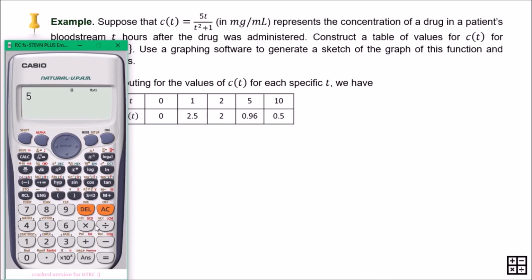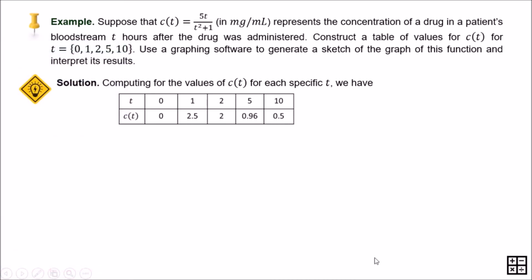So we have 5 times 5 divided by the quantity 5 squared, then plus 1, obtaining 25 over 26, or in decimal, 0.96. The other entries in the table are obtained in a similar fashion.